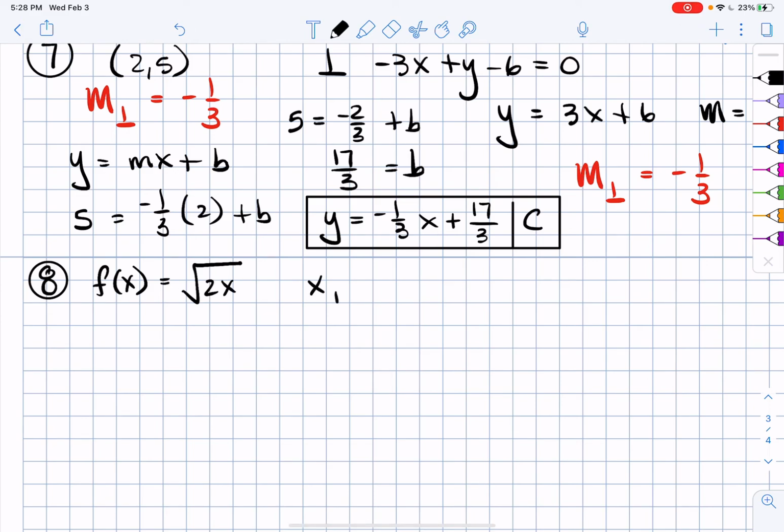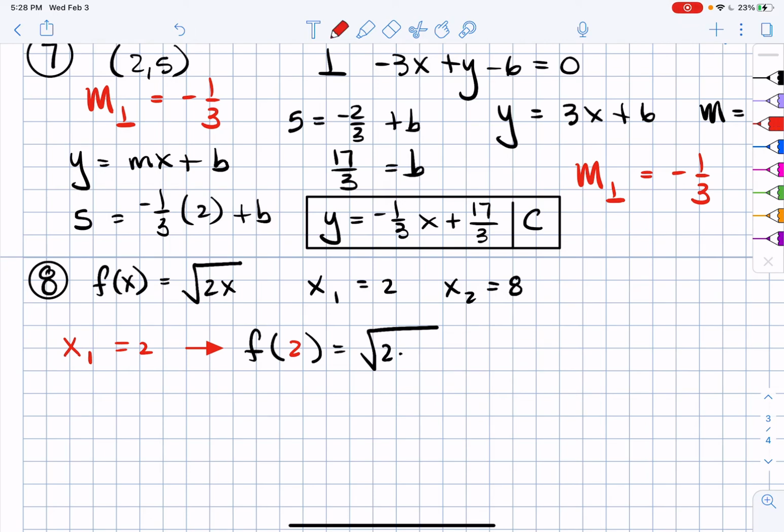Because x1 is equal to 2 and x2 is equal to 8. Okay? So what I want to do is, how about if I put it this way? So if I have x sub 1 is equal to 2, and I'm going to plug it into f of 2, and that's going to equal the square root of 2 times 2, which is square root of 4.